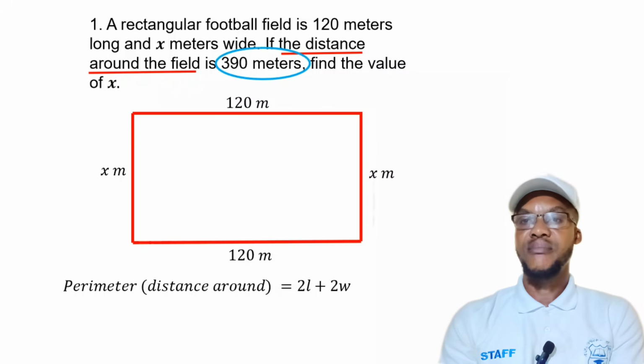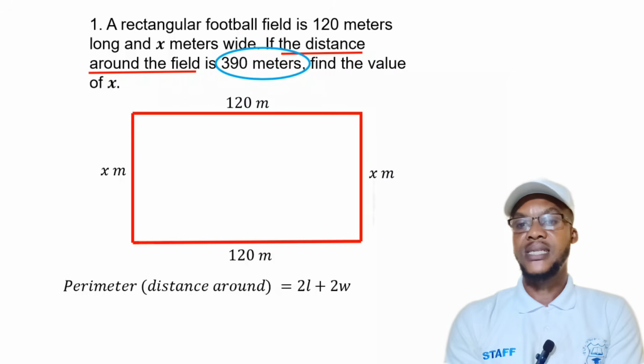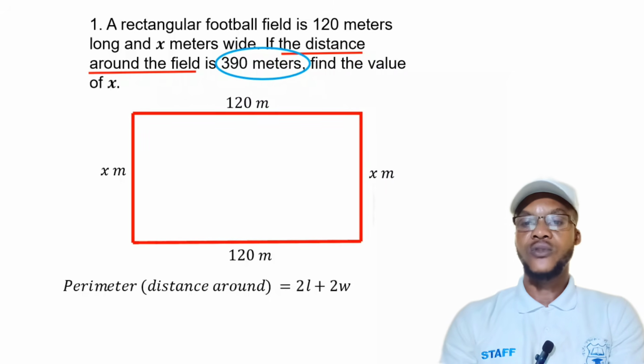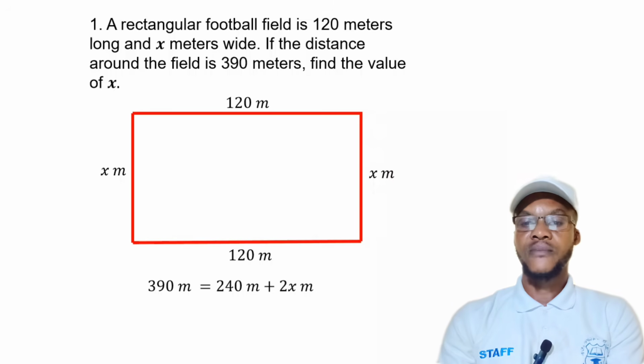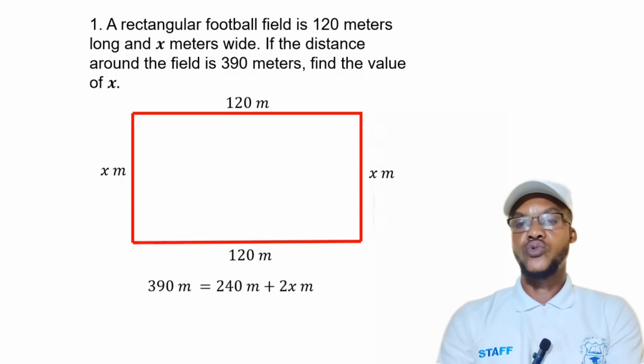Then we know that perimeter is given as 390 meters. So what you do is use your dimensions and what is given to you and substitute. So we get 390 meters is equal to 240 meters plus 2x meters.